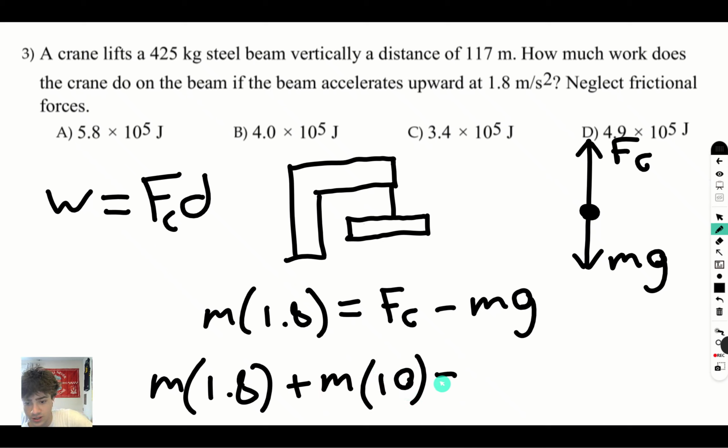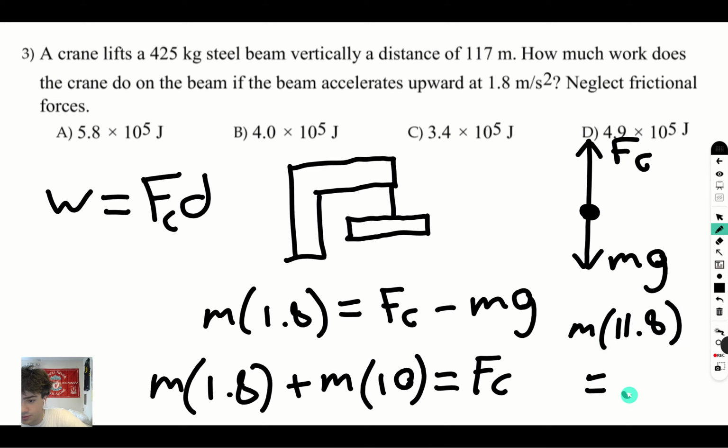We're just going to approximate that our gravitational constant is 10, and then we will get our crane force. So this means that our crane force is going to be m times these two numbers added together, which is 11.8. And that will be our crane force.